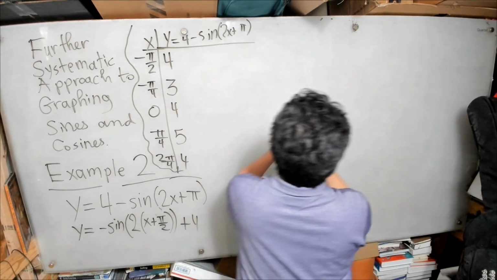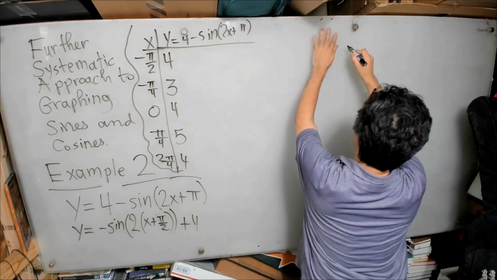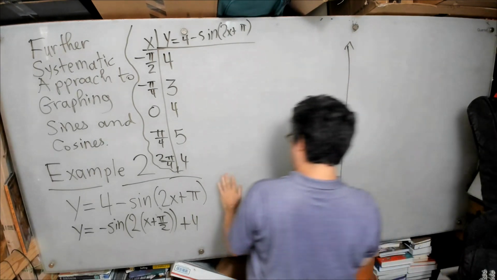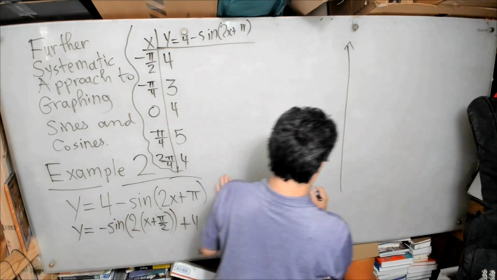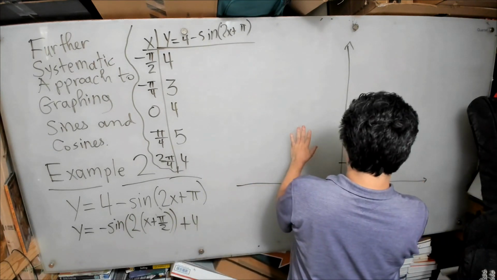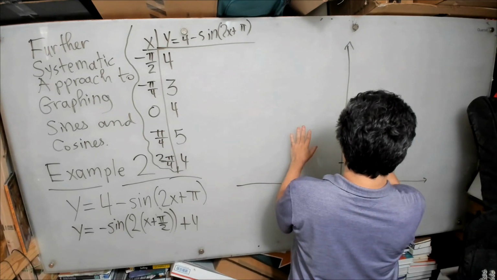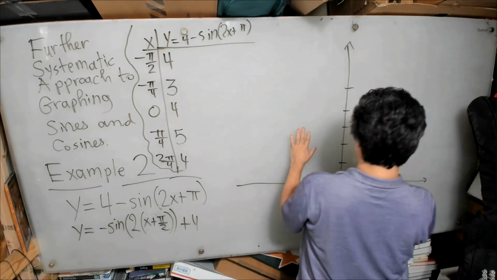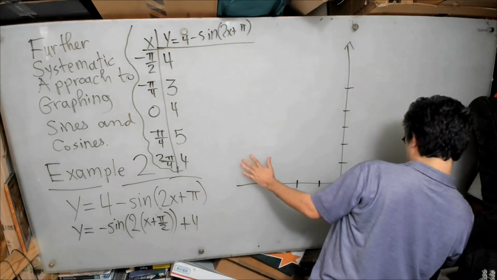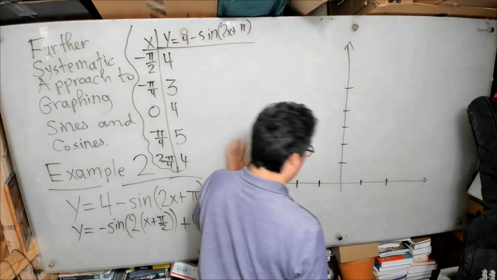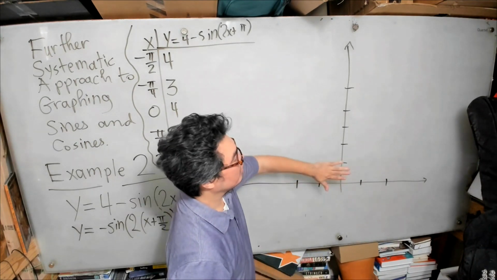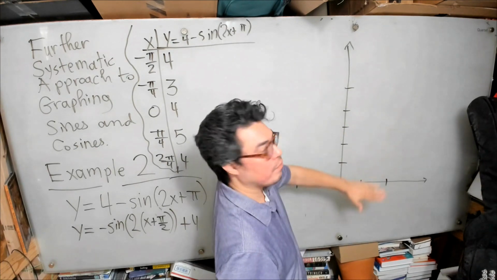So here, I'm going to draw my x-axis a lot lower so I can give a more faithful representation of what's happening here. Say like this. So again, I'm going to label my angles underneath here so that it doesn't clutter where the graph of the function is going to be.